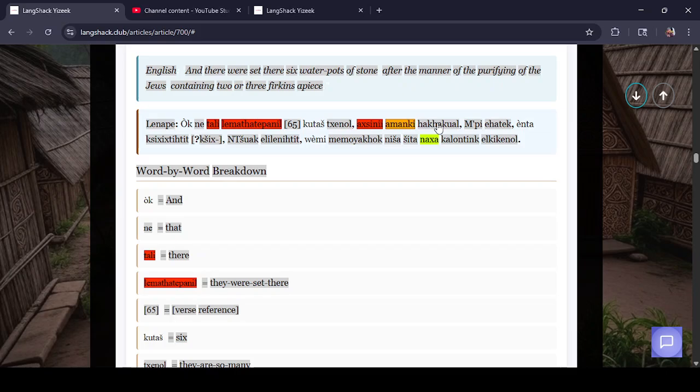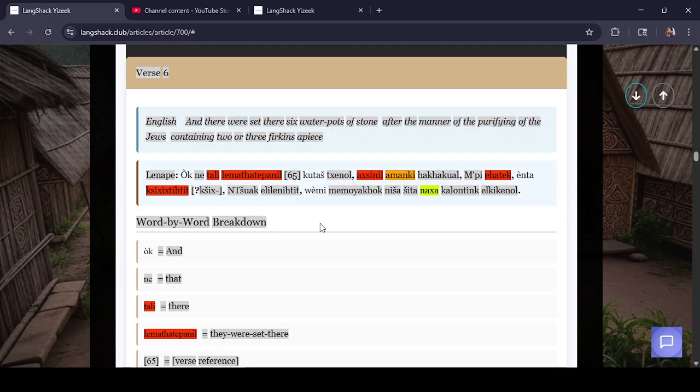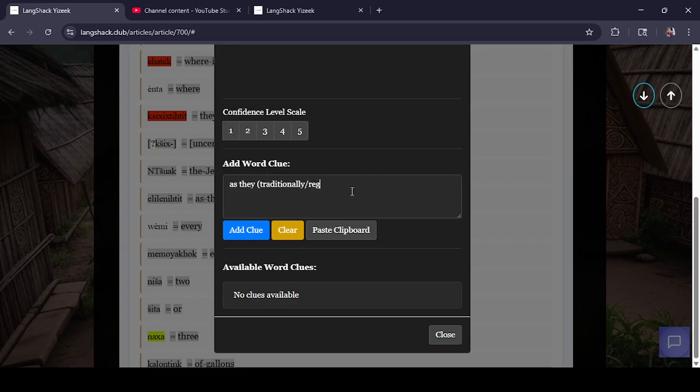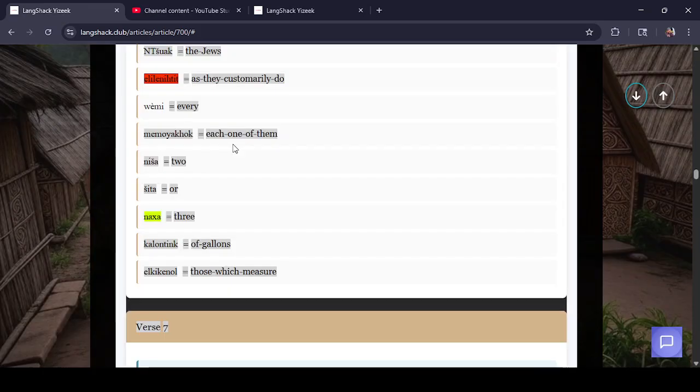Yeah, Enda Kashitit. Chuak. Elilanichtit. As they regulate, as they do. Each one of them.